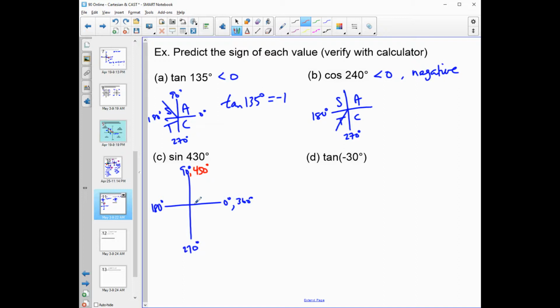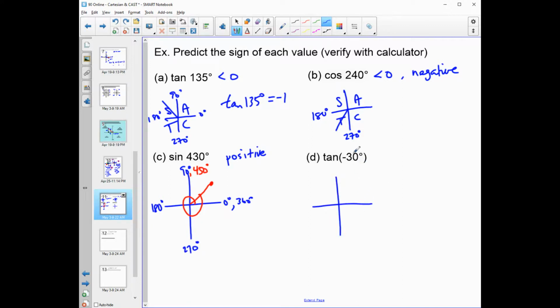So what's happened is I've actually looped around once and gone a little bit further so that my terminal arm is back in quadrant 1. This is known as a coterminal angle. And in this case, we know that the sine of 430 degrees is going to be positive because they're all positive in quadrant 1.